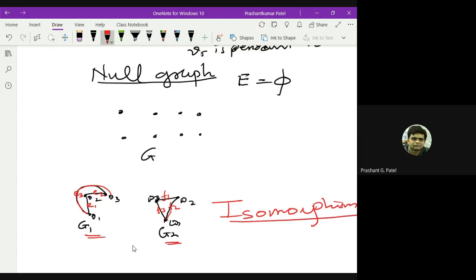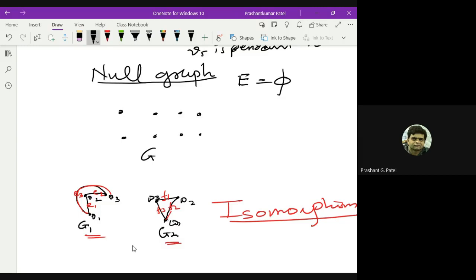There is an isomorphism between these two. So now I hope you understand what is meant by isomorphic graphs. They are different graphs, but there is a one-one correspondence between them. Such graphs are known as isomorphic graphs.